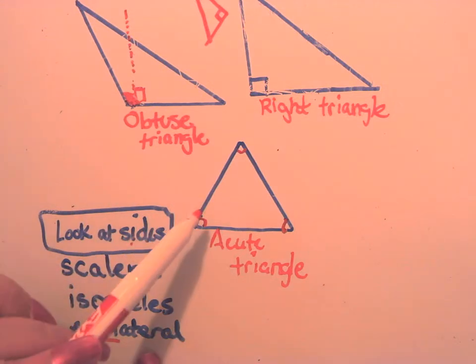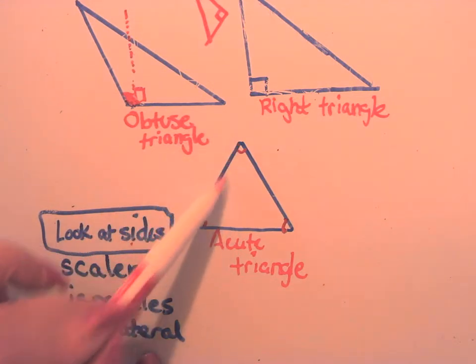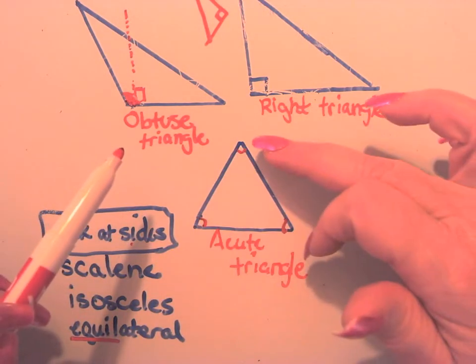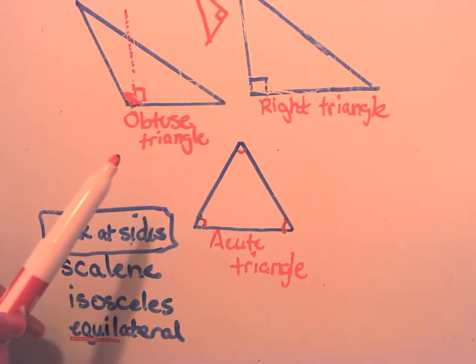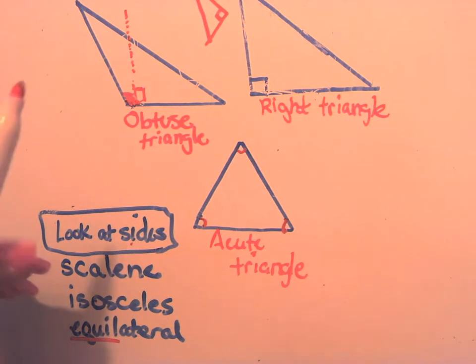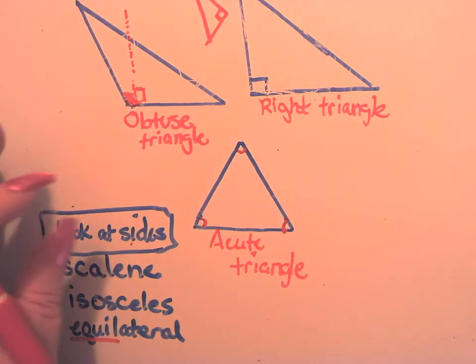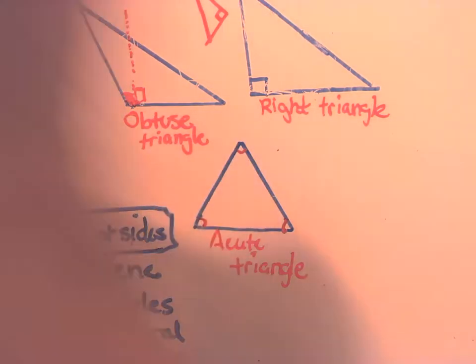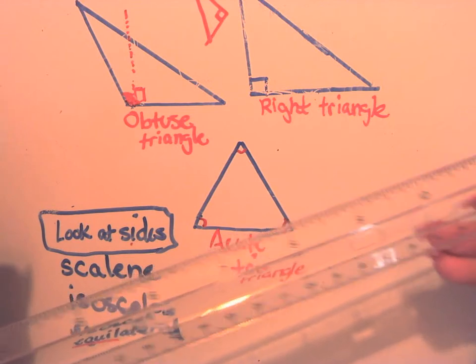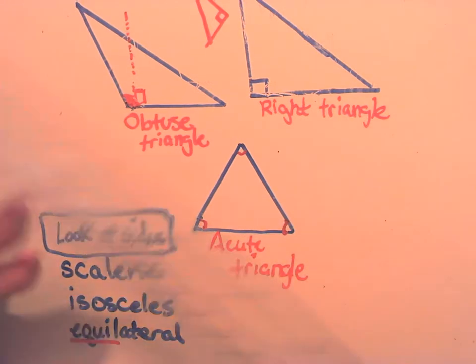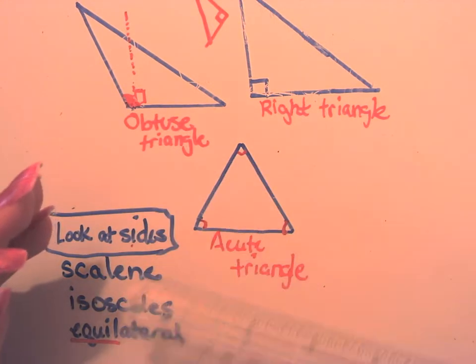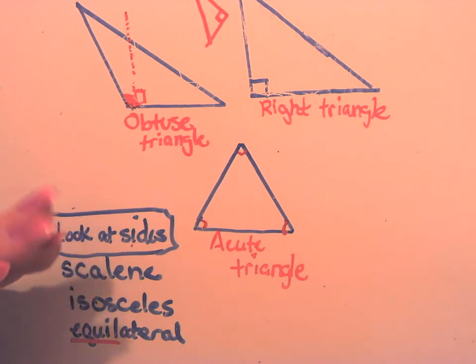So when I look at this acute triangle, and I look at the sides of each, they seem to be the same. Now, of course, we would use our handy-dandy ruler to make sure that they're the same sizes, and we would measure them, and they would come out to be the same.